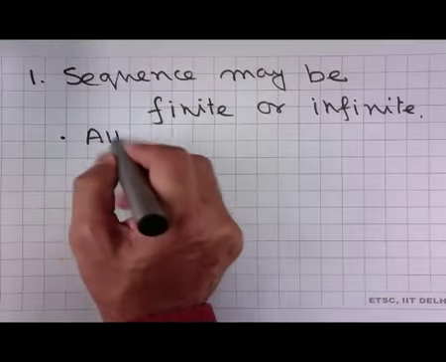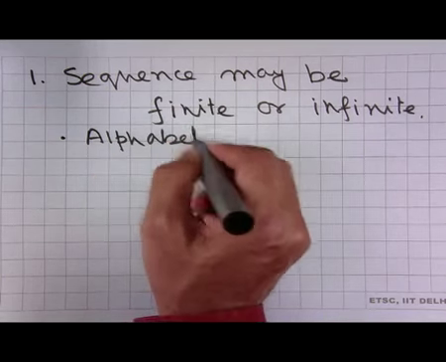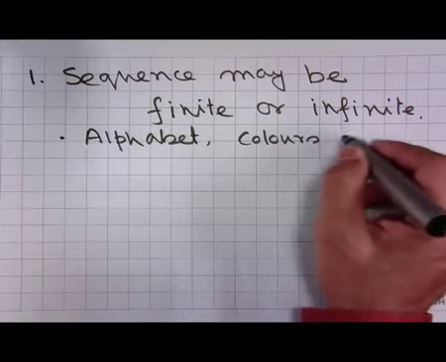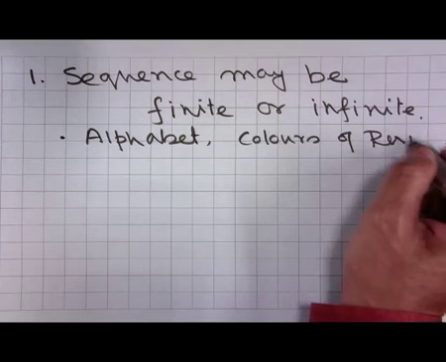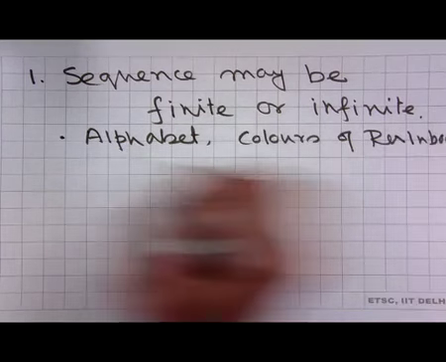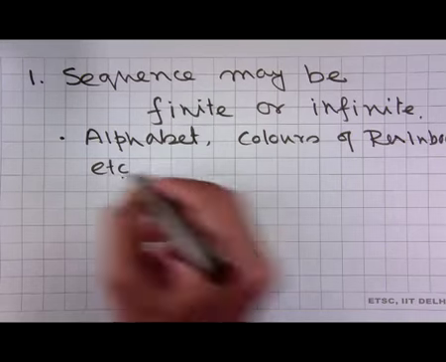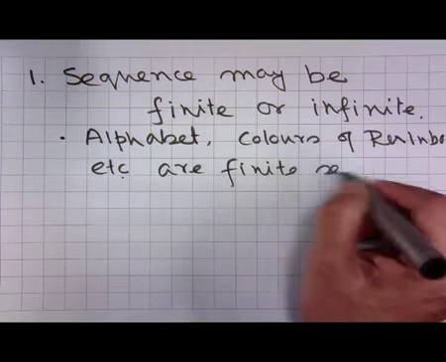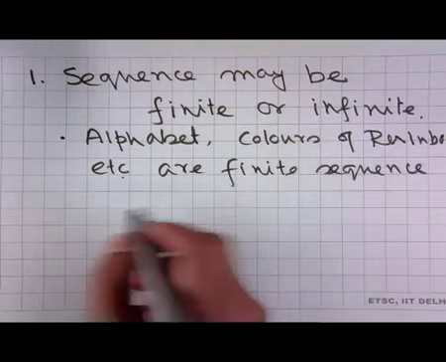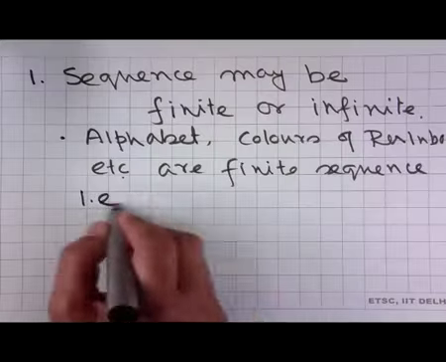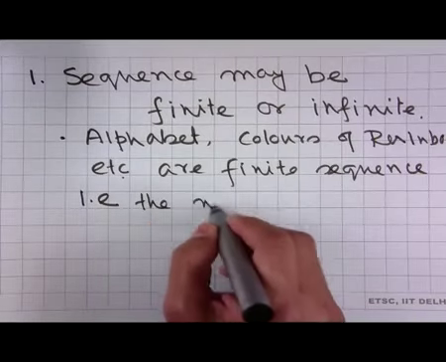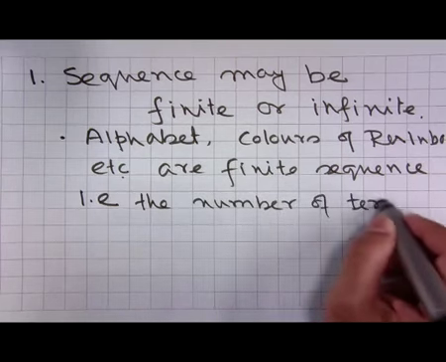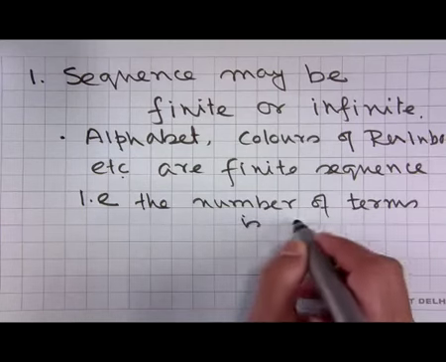Alphabet, colors of rainbow, etc. are finite sequence. What does it mean? That is, the number of terms is finite.